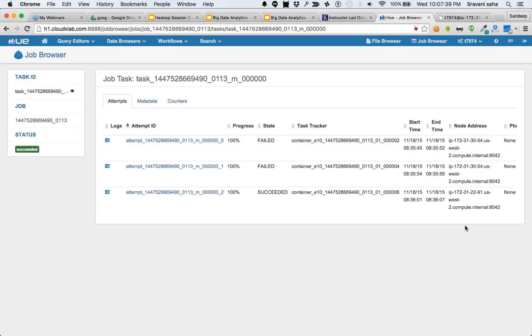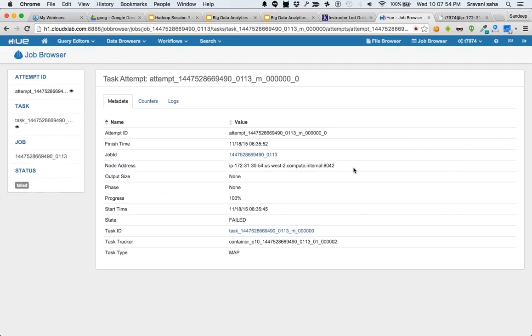You can see that the attempts on 54 have failed while 91 has succeeded. What I am trying to say is that the things which we discussed about task tracker and job tracker, this is the magic that's happening right now.